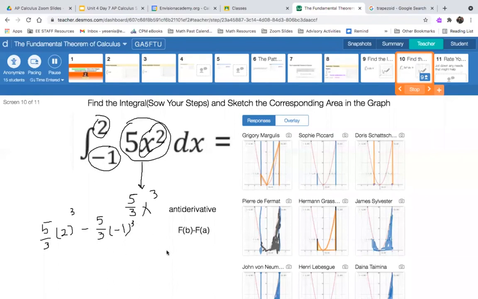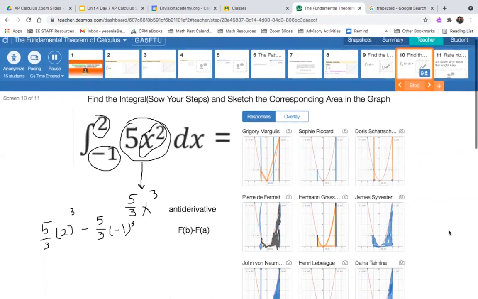I know my steps are crooked, but here's my antiderivative. Here's my second step where I'm plugging in the upper value, subtracting, plugging the lower into the antiderivative. Now, if I do this math, it should give me the exact area under this curve that y'all shaded here, according to the calculus.